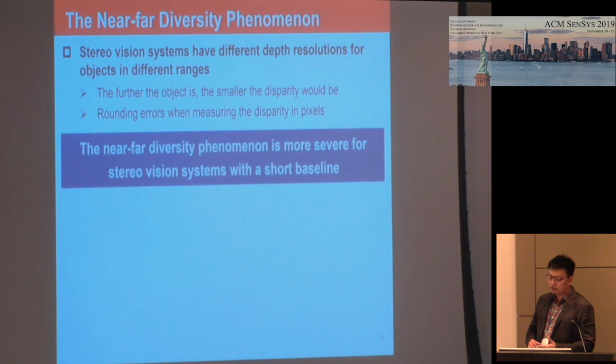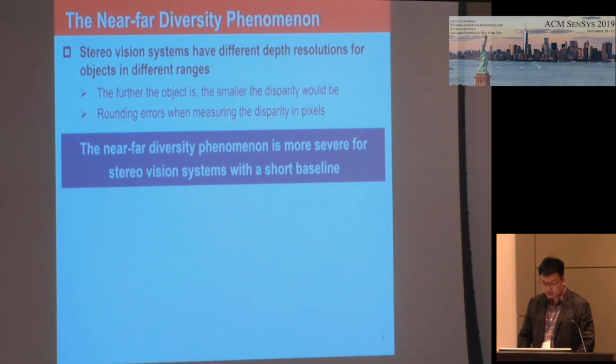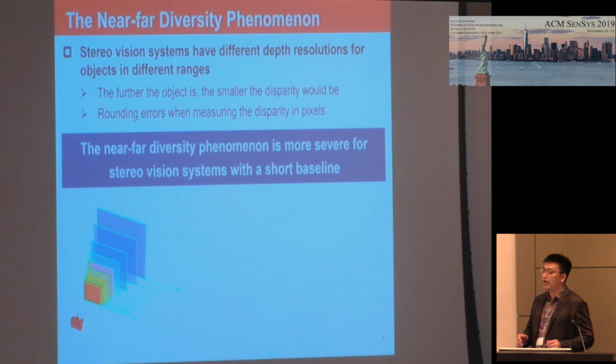The further the object is, the smaller the disparity you will see on those two cameras. Because you measure those coordinates in pixels, there must be some rounding errors. So the near-far diversity phenomenon is more severe for a stereo vision system with a short baseline. That is the case you usually see on a smartphone.